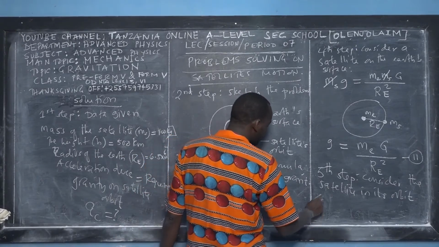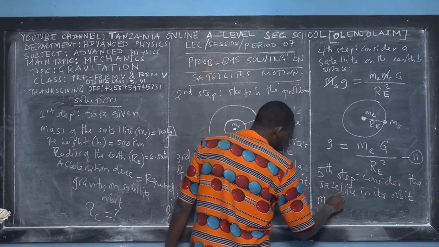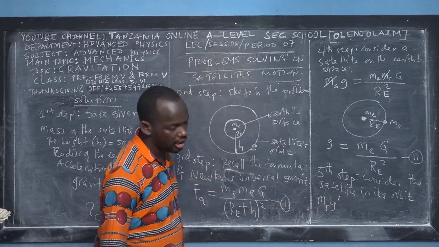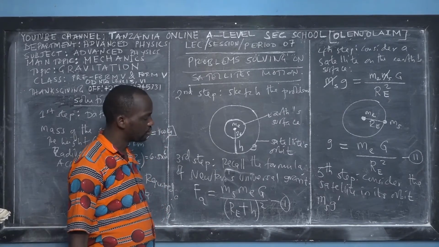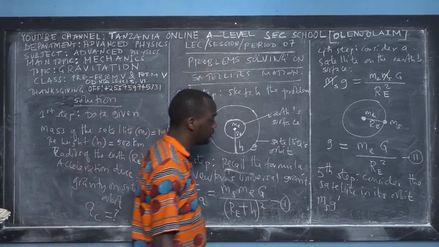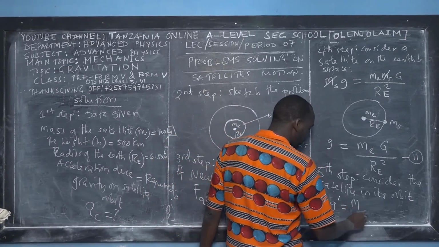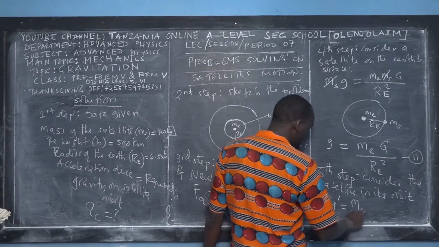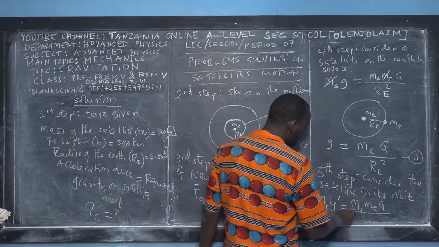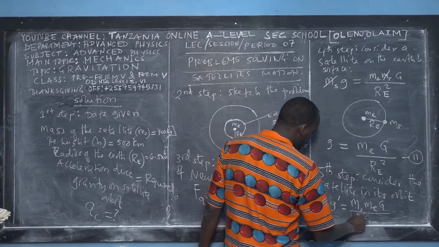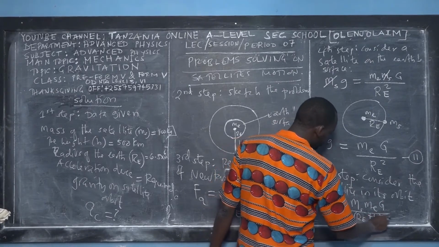Outside of the Earth's surface, the weight of the satellite, which is the mass of the satellite times acceleration due to gravity g dash on the satellite, should balance the force of attraction between the satellite and the Earth, the universal gravitational constant, and then here we have the radius of the Earth plus the height h, squared.